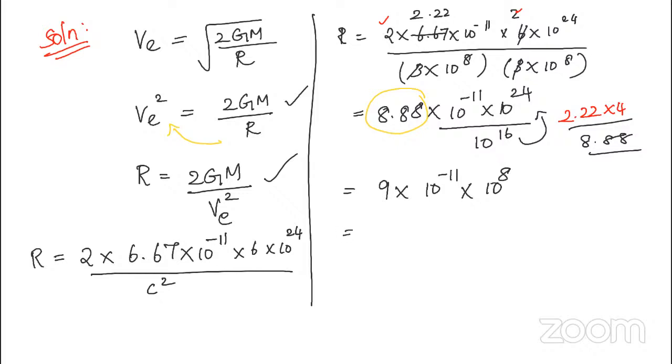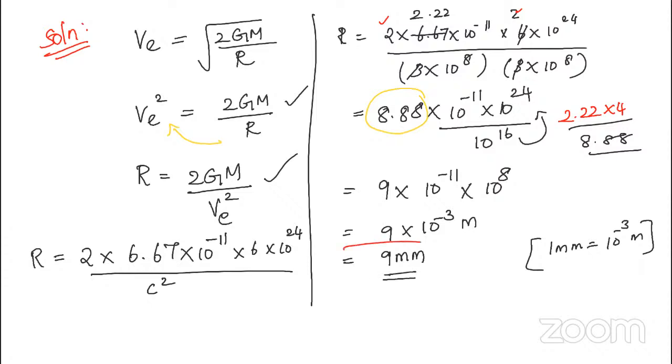And here 9 into 10 power minus 3 meter. We know 1 millimeter is equal to 10 power minus 3 meter. So we write 9 millimeter. So this is the answer. This is option A. A is the right one.